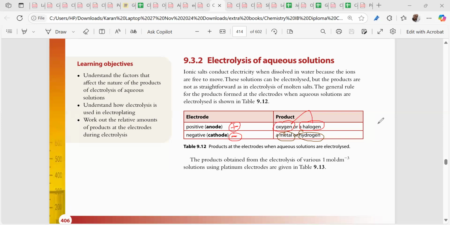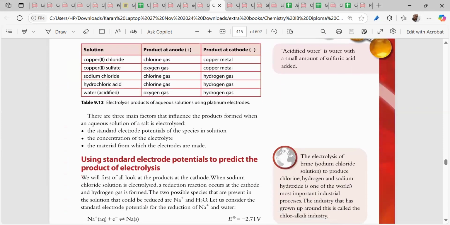Now remember one thing, when we talk about the product, we can predict it. See some examples. Suppose I'm taking copper chloride, it gives you chlorine gas and copper metal.